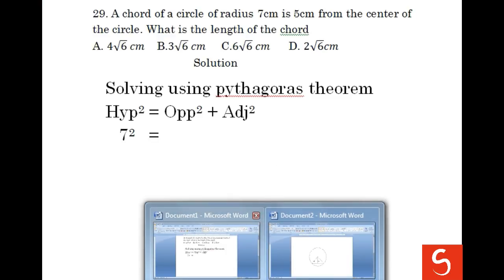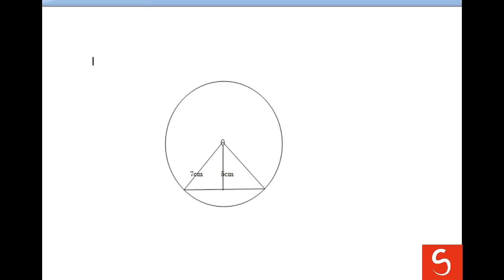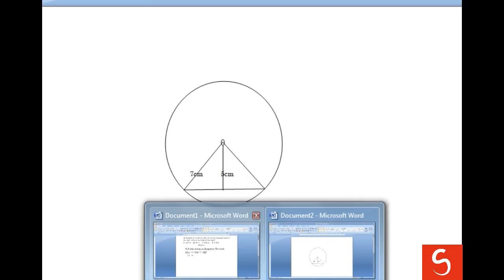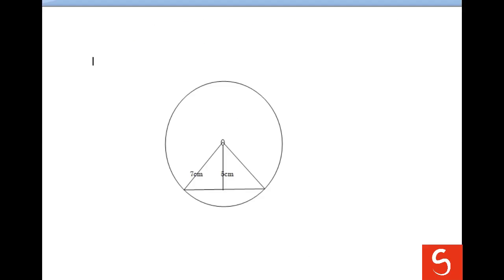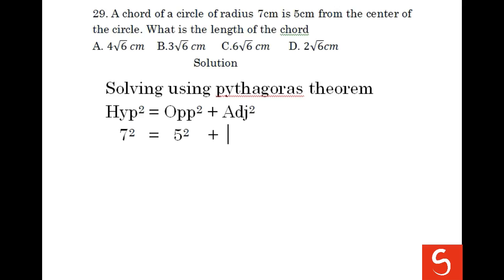We have 7 squared is equal to the opposite squared, which is 5 squared, since the distance from the center to the chord is 5, plus the adjacent, which is what we are looking for, x squared.